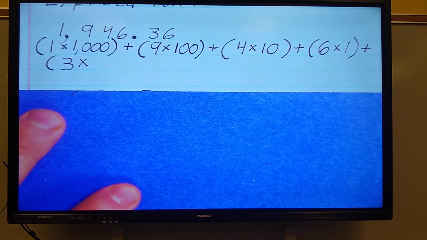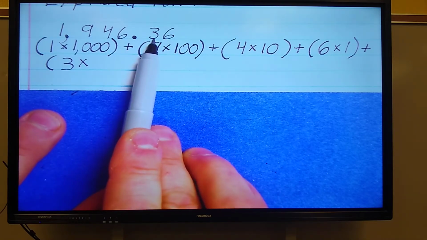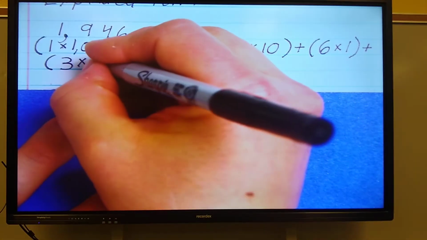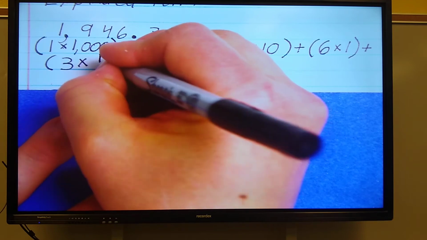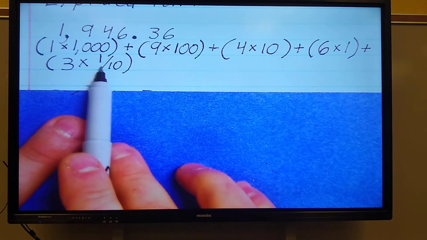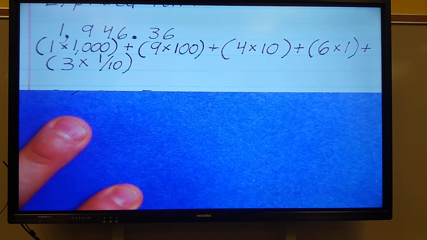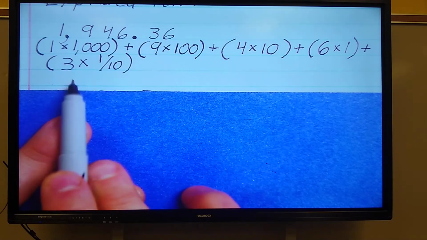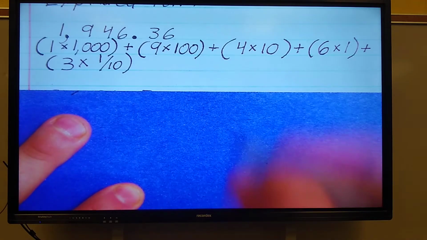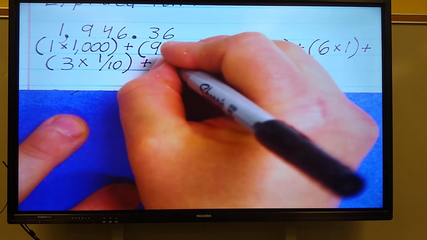Now listen to me very carefully. 3 is in the tenths place, so I multiply 3 times 1/10. That's 1/10 as in a fraction. That's how you do that with the decimal numbers. 3 times 1/10. Okay? Plus sign. Parentheses.